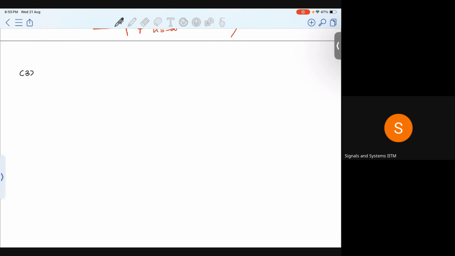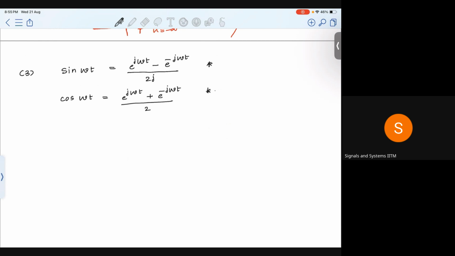Always remember that sin ωt can be written as (e^{jωt} minus e^{-jωt}) divided by 2j, and cos ωt can be written as (e^{jωt} plus e^{-jωt}) divided by 2. Ground rules, always remember them, okay?